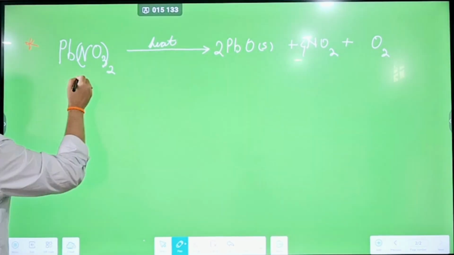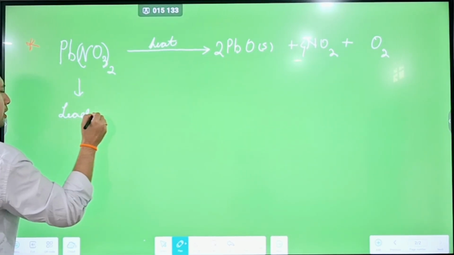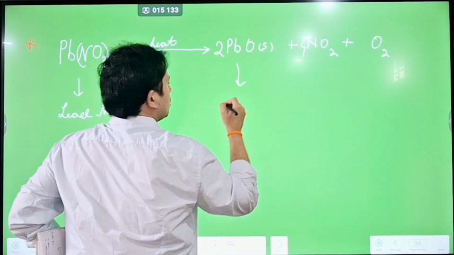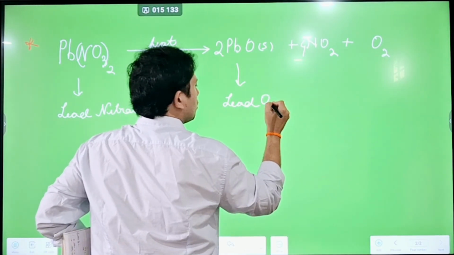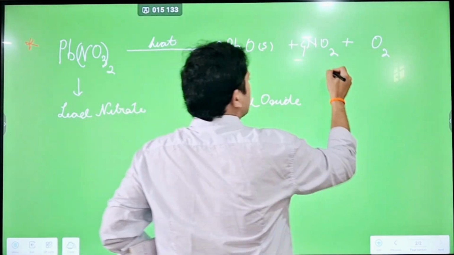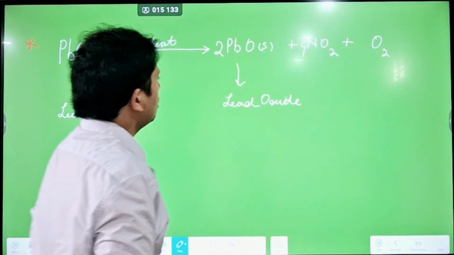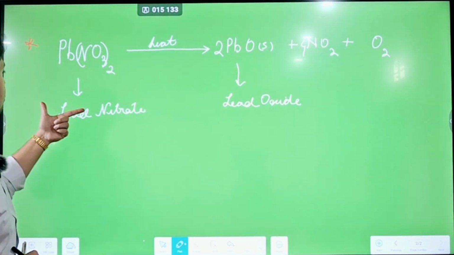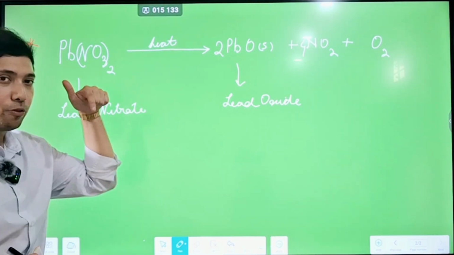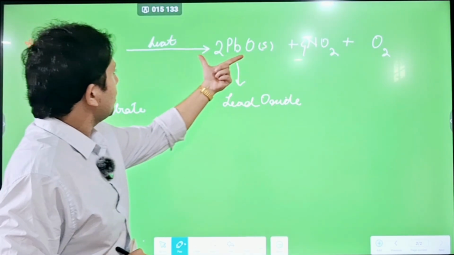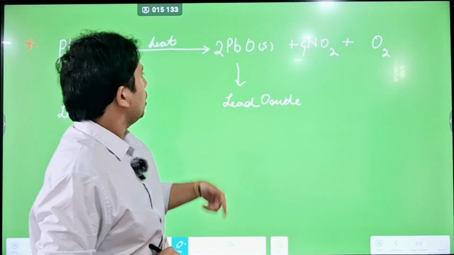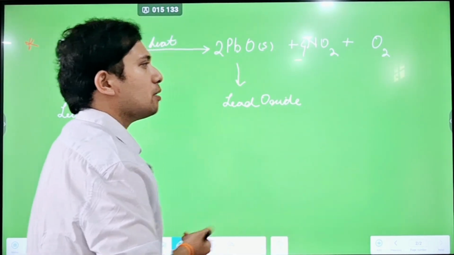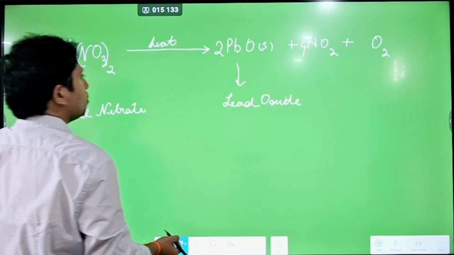So this is lead nitrate, lead oxide, nitrogen dioxide and this is oxygen. This is another example of a decomposition reaction where lead nitrate undergoes a reaction with the help of heat, breaking down to form lead oxide PbO, with the addition of nitrogen dioxide and oxygen. This is another fine example of a decomposition reaction.